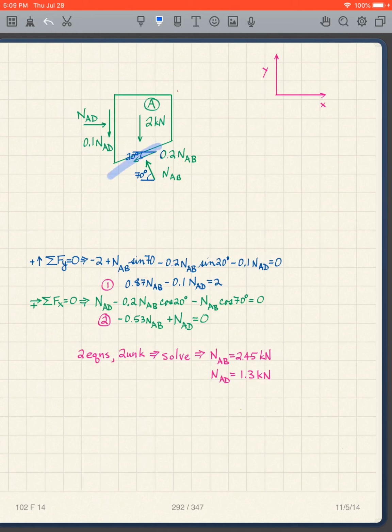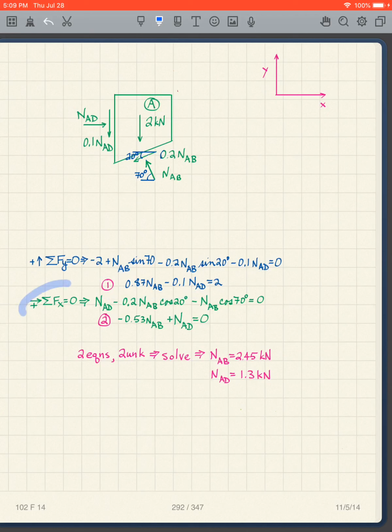And this is downward to the left, so it's going to be minus 0.2 NAB sine 20. And then I have this one downward, so it's minus. And that, I can simplify that. I get that equation. That's equation 1.